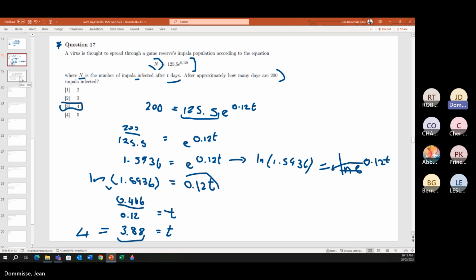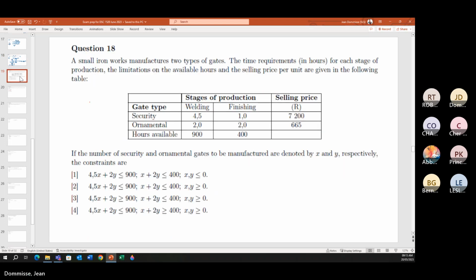Okay, and then as we have now seen, now they jump to linear programming again. So now I go back to linear programming. So again, if a paper is like your mock exam that you can see all the questions, I would do all my linear programming together.